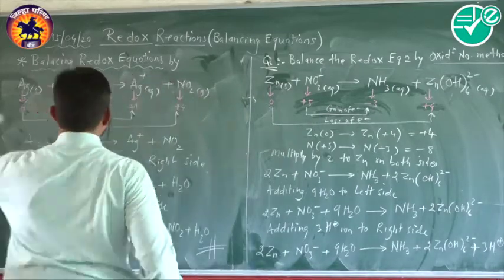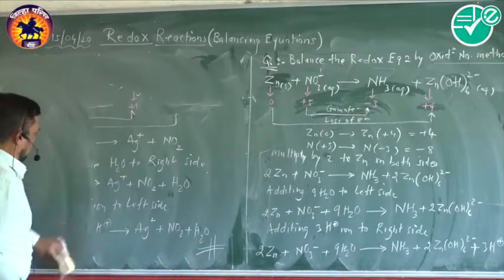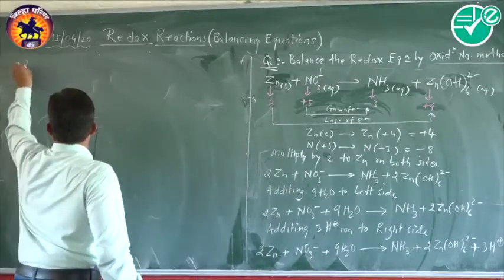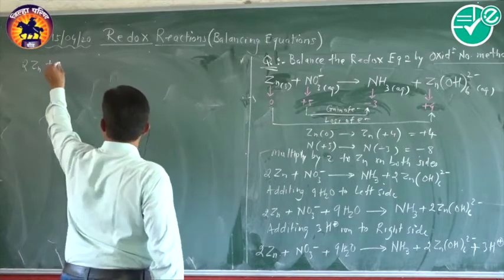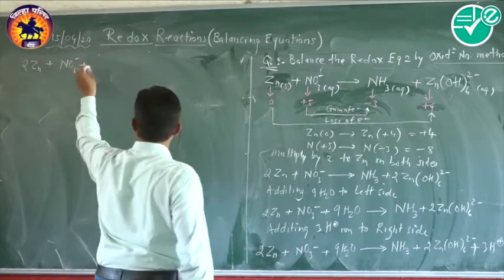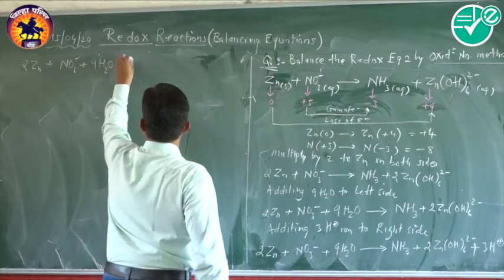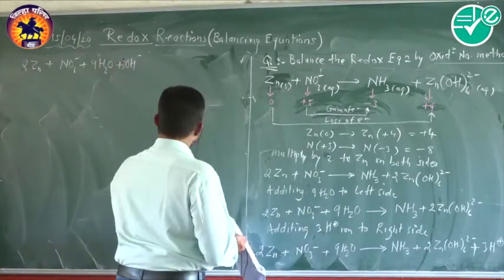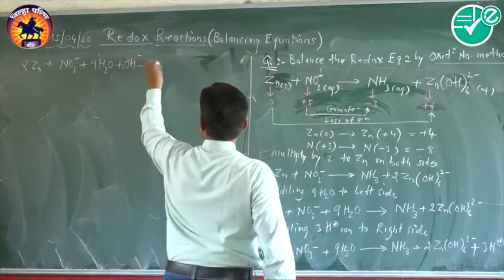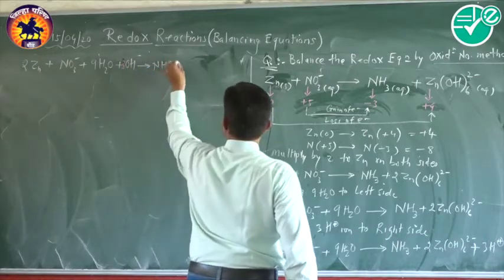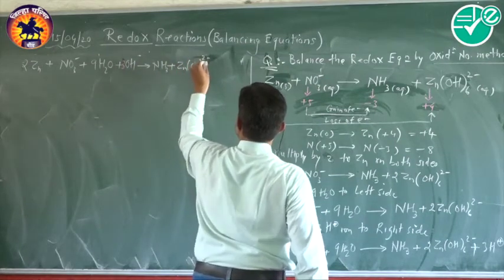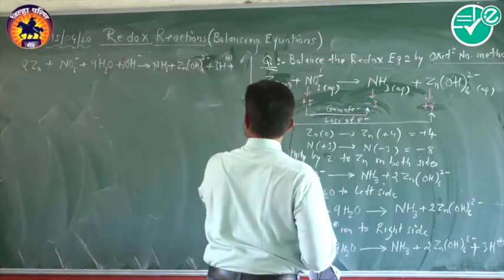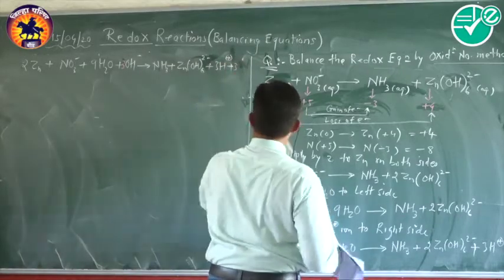So the equation becomes, we'll write the equation as 2Zn plus NO3 minus plus 9H2O plus we have to add 3 OH minus is equal to NH3 plus Zn(OH)6 2 minus plus 3H plus ion plus 3OH minus.